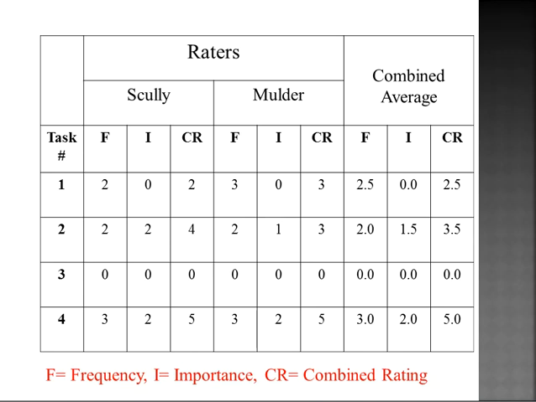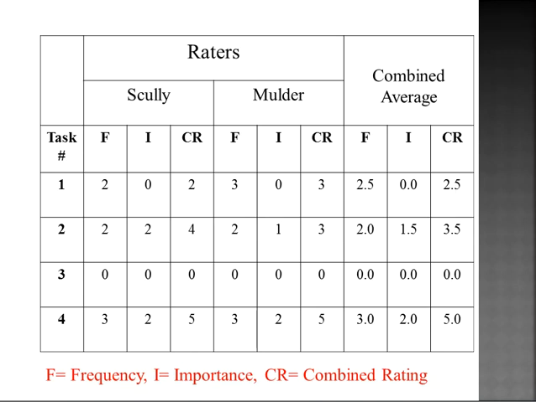Tasks will not be included in the job description if their average frequency rating is 0.5 or below. Tasks will not be included in the final task inventory if they have either an average rating of 0.5 or less on either frequency or importance scales, or an average combined rating of less than 2.